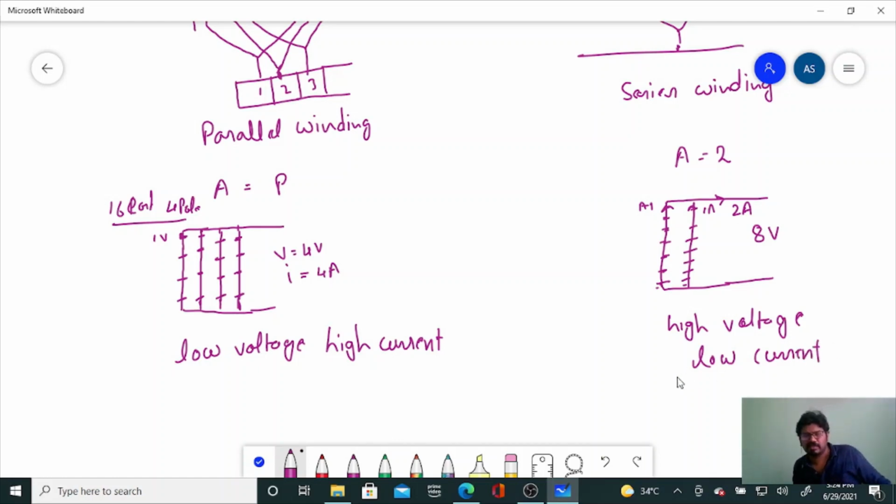So from here you can conclude that current is proportional to parallel path and voltage is inversely proportional to parallel path, because when parallel path is more, voltage is less; when parallel path is less, voltage is more.